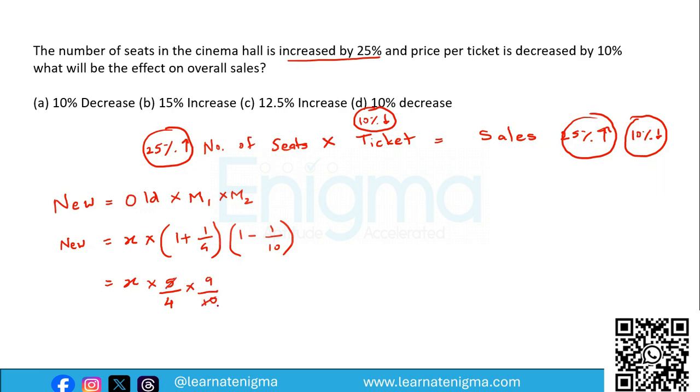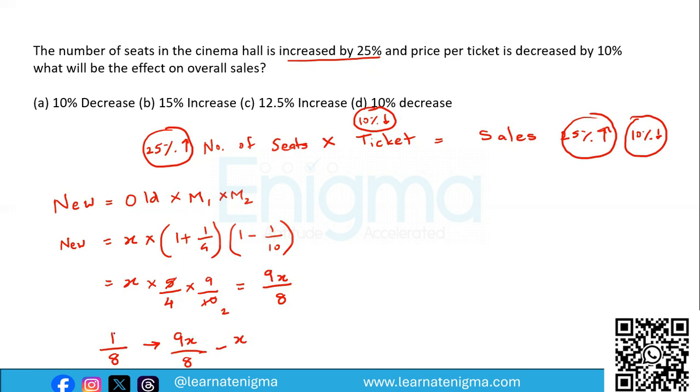So you can see the new sales would be 9x by 8. So that means the increase in sales is of 1 by 8. We get 9x by 8, that is the new sales, minus the old sales.